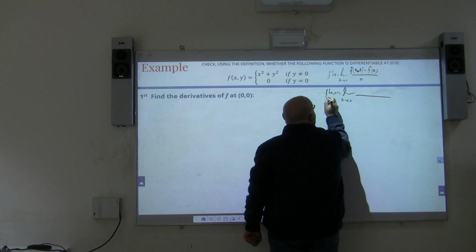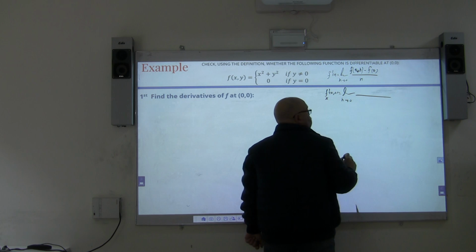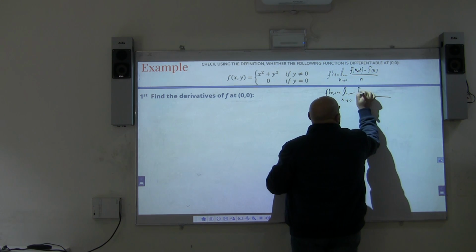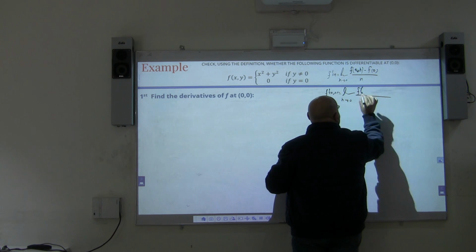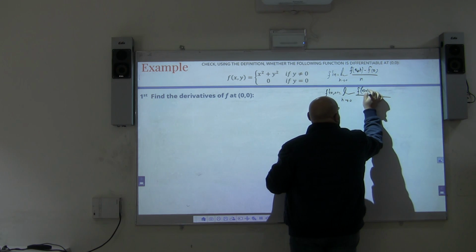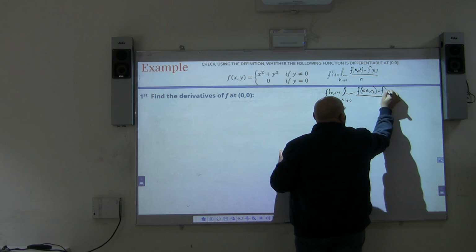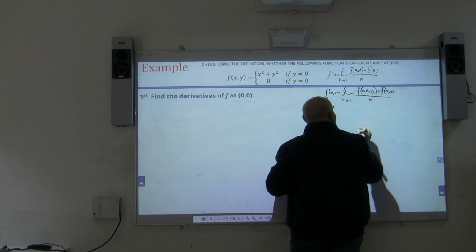In this case, I'm getting the derivative in the x direction. So it's going to be, Mr. Omar, f, where I will change only the x component, so it's 0 plus h. The y component remains the same, minus f at (0, 0), and then divided by h.